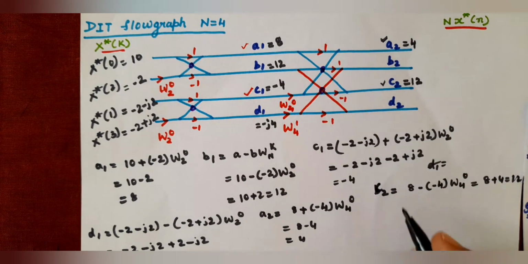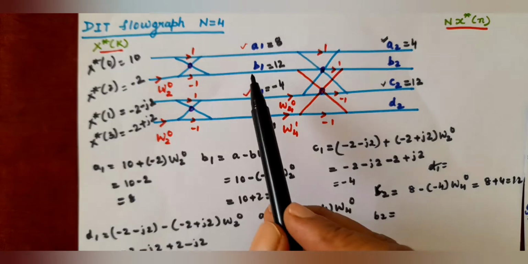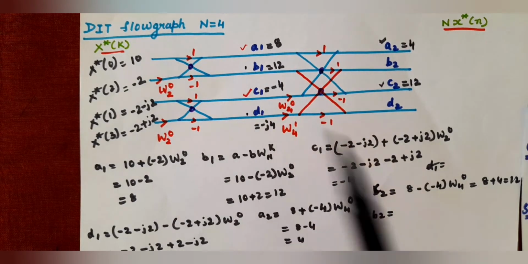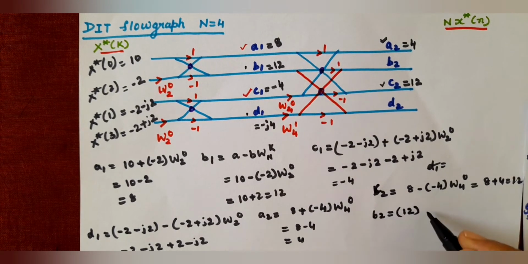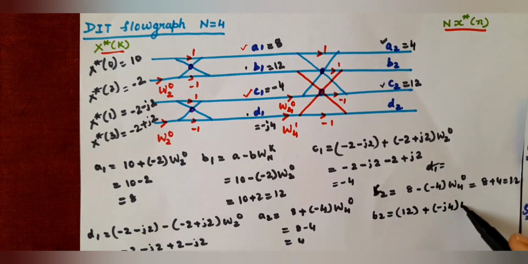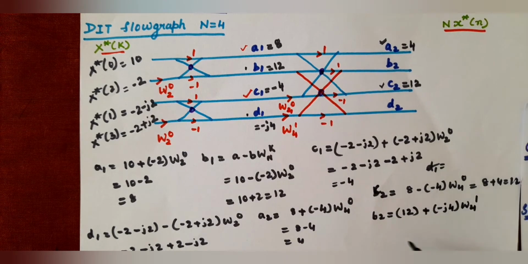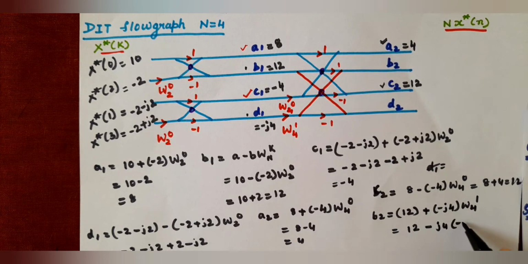Now compute B2. That is a red butterfly. For red butterfly, the inputs are B1 and D1. A plus B: A is 12, B is minus J4. Twiddle factor is W4 to the power of 1. So it's coming as 12 minus J4 and its value is minus J. So how much it will come?